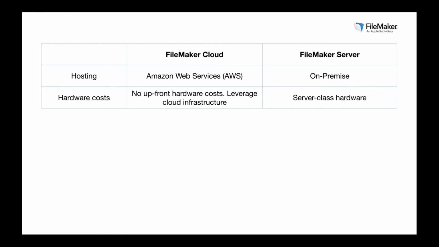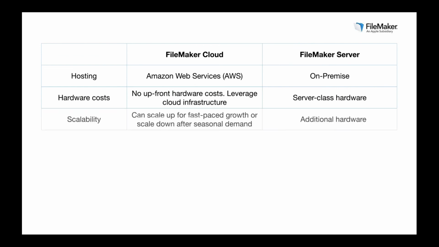We might already have hardware in the organization that we might be able to utilize. Maybe we have infrastructure set up for that already. So FileMaker Server might make more sense in that situation. But if we don't want to purchase anything and bypass the whole purchase process and maintaining of the hardware, then FileMaker Cloud might be a great option for you.